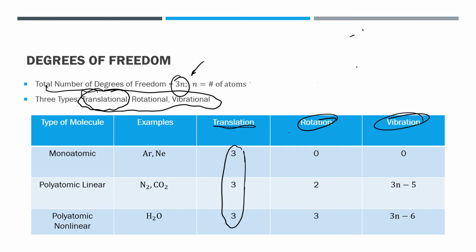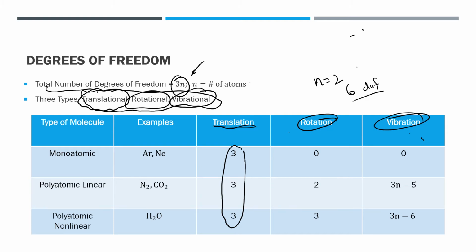And if I look at my total number of degrees of freedom formula, say I have a molecule where n equals 2, so I have 2 atoms. 3n gives me 6 total degrees of freedom. But I know I only have 3 translational, because I can only move in the x, y, and z direction. The other degrees of freedom are my rotational and vibrational.